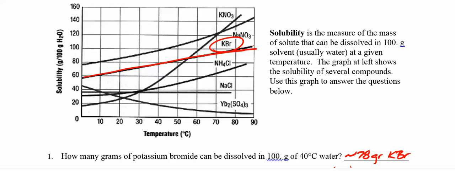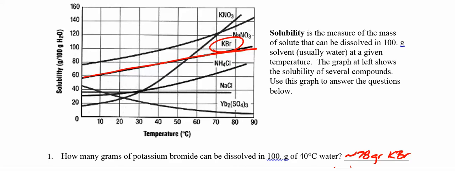If I look just at potassium bromide, what I can see is as the temperature increases, going from left to right, it is moving up incrementally in 10 °C increments. The solubility is getting greater and greater, gradually, but it is happening. So I can see immediately that potassium bromide, and most of the other solutes, by the way, are increasing in solubility as they increase the temperature.